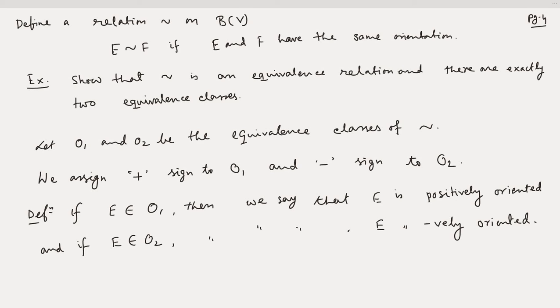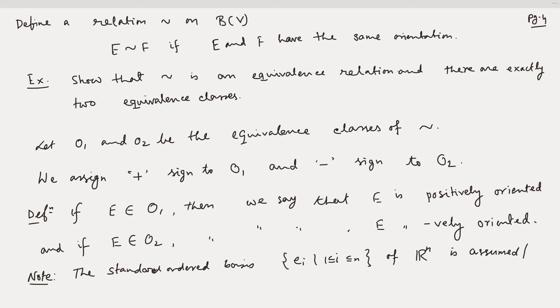Okay, so before we stop we note that the standard ordered basis e_i, where i lies between 1 and n, of Euclidean space of dimension n is assumed, or considered, positively oriented.